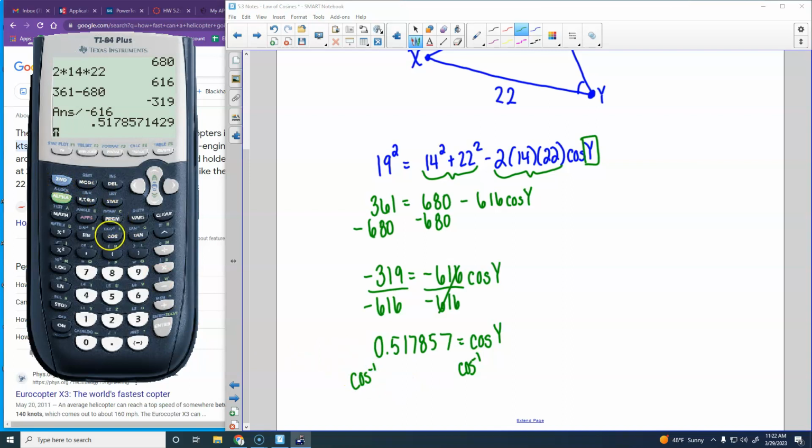So if we do inverse cosine of that answer, we will get 58.811 degrees for our Y.